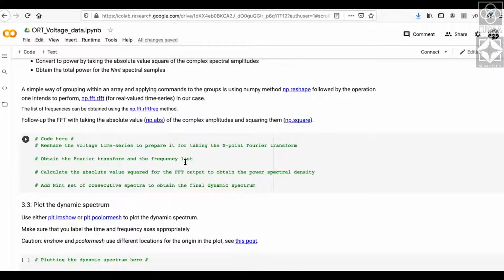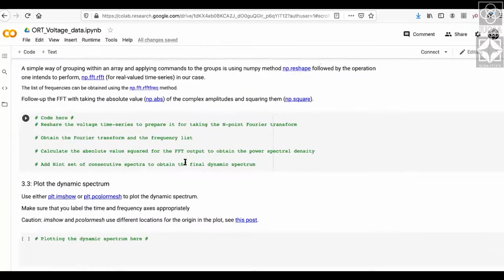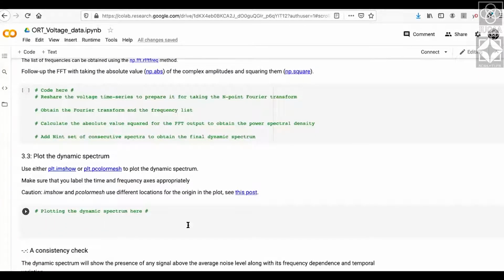Pretty much till this point, it is plotting the dynamic spectrum. Once you regroup the data, you have this voltage time series, you regroup it so that you have chunks of voltage samples that you're going to Fourier transform and convert to a spectrum in that bin. So now you'll have a series of spectra in time instead of just voltages.